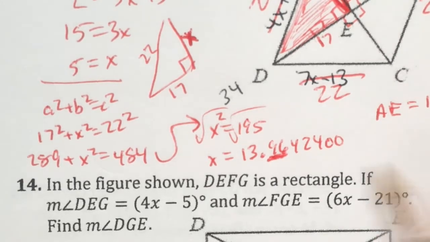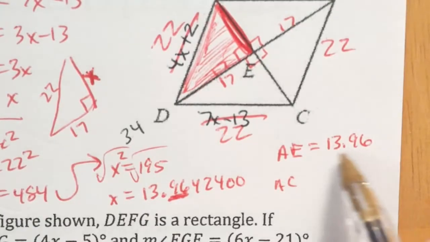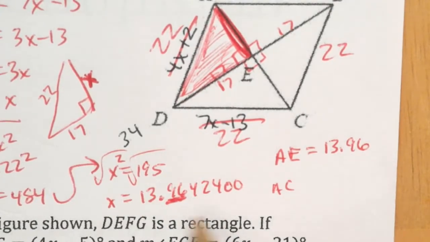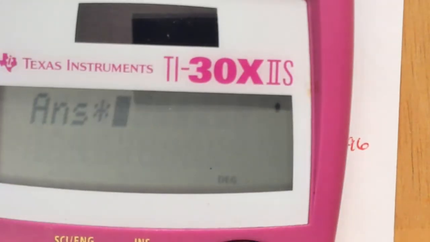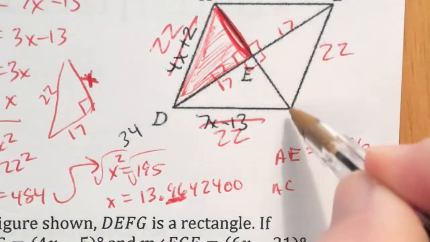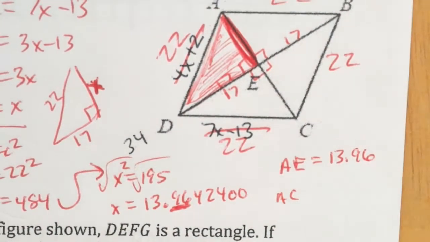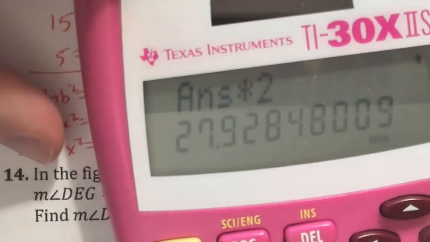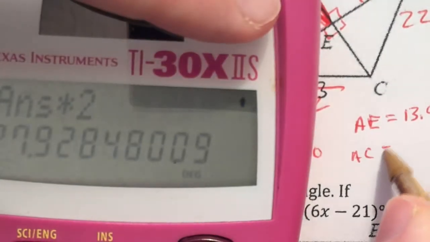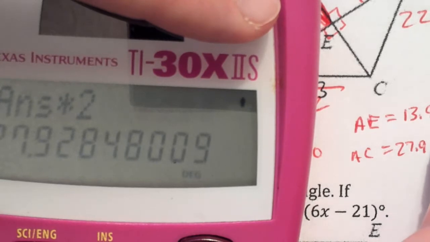So that would be 13.96. But if they said they wanted A to C, I'm just pointing that out, you wouldn't multiply this rounded number by 2, you would multiply the big long decimal by 2, which would be 27.93.